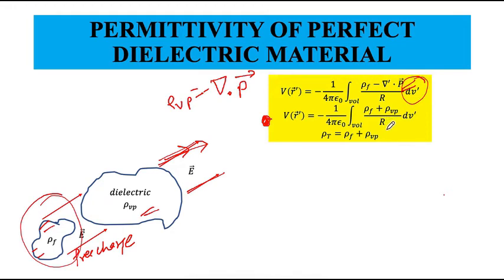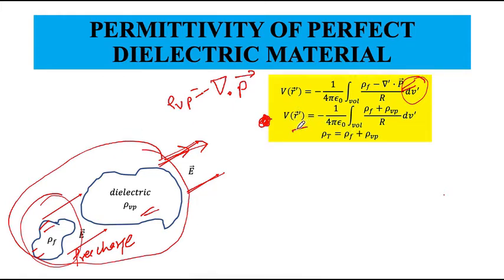If I define rho total as rho F plus rho Vp, then as far as the potential at this point is concerned, where I am very far away from the dielectric, there is absolutely no difference between rho F and rho Vp. Therefore, at the field point from this charge distribution, both these charges add to the potential.